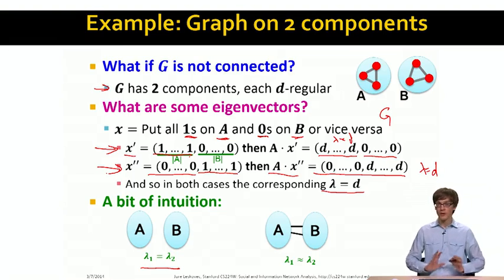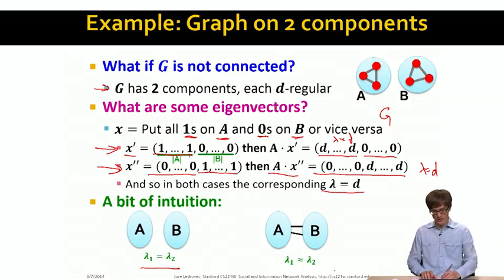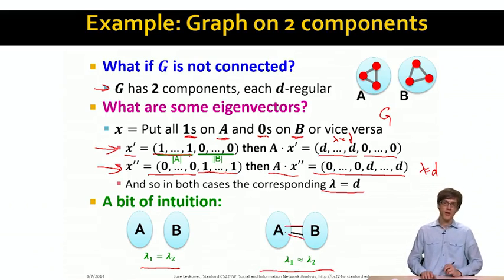Now, intuitively, what would happen if our graph with components A and B were barely connected? What if we had the case, as I have it here on the right, where a few edges cross between A and B? Then our intuition is that there would be a bit of a difference between these eigenvalues.